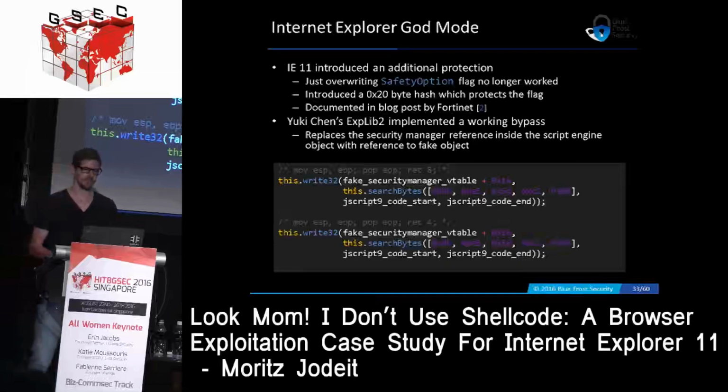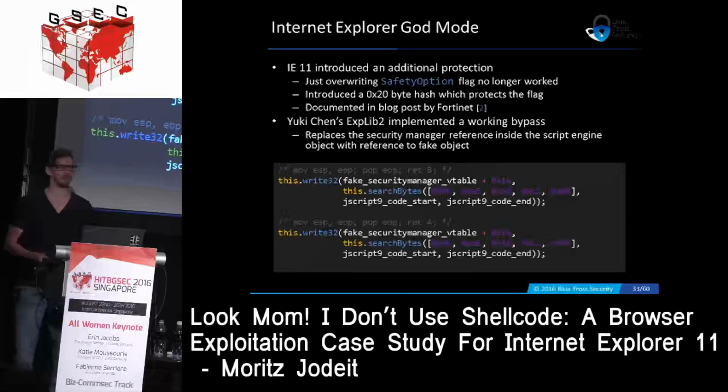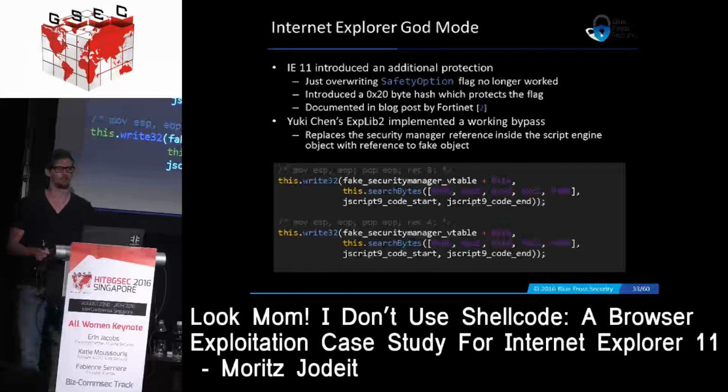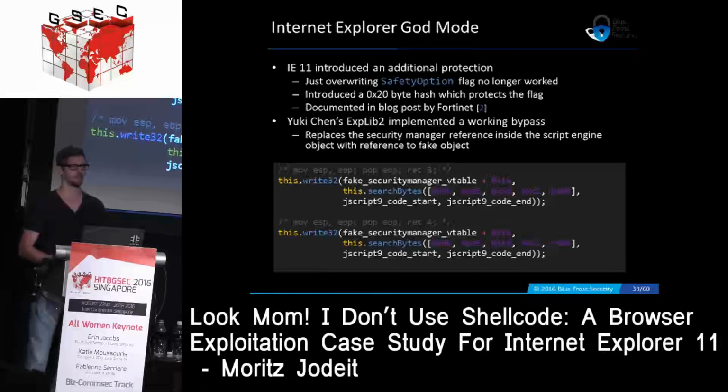And actually, there was a bypass for that as well. In Yuki Chen's exploit library, which is quite awesome, he implemented a bypass. So instead of overwriting the safety option flag, what he did is he replaced the complete reference to the security manager object.